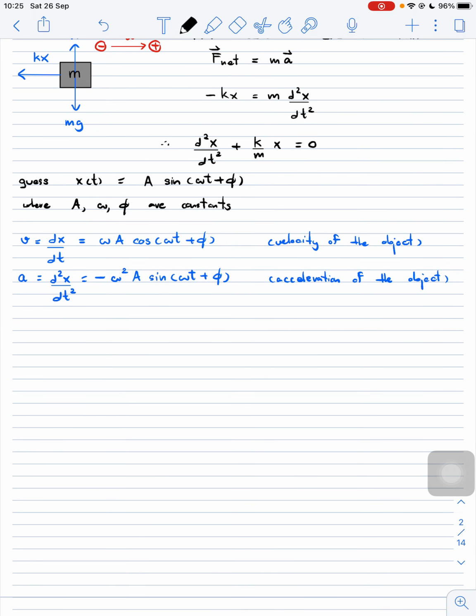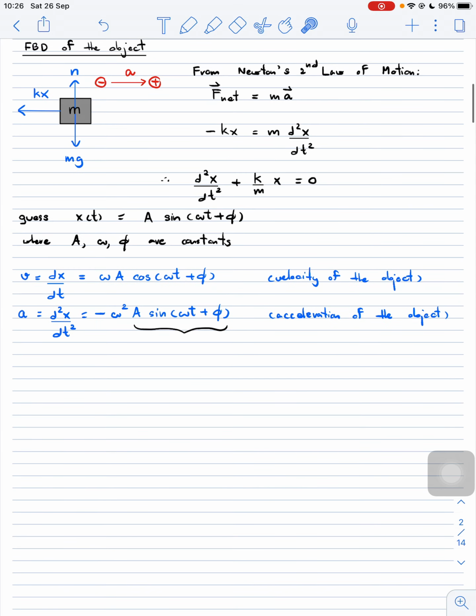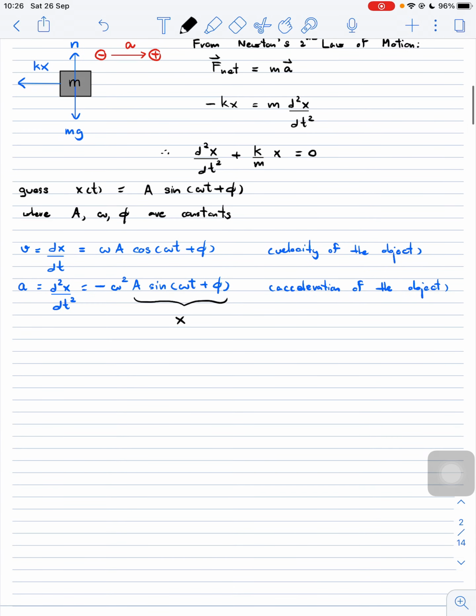Now you may notice that this term, sorry, this one, is equal to what? This one is just A sine of omega t plus phi, which equals x.